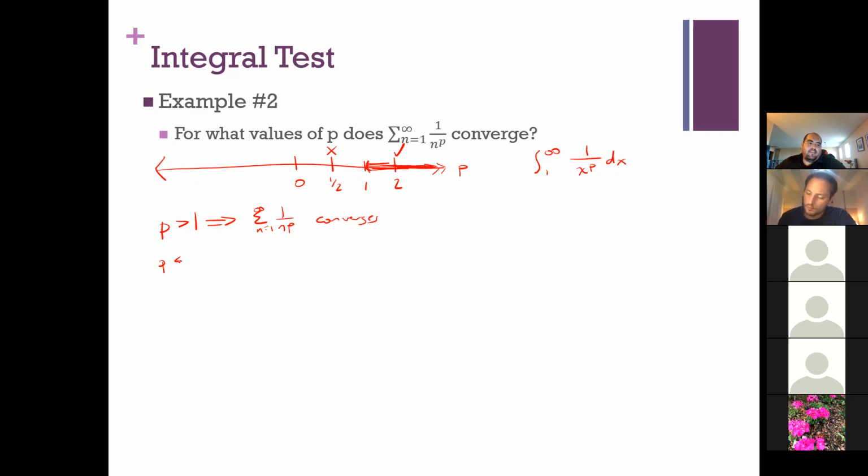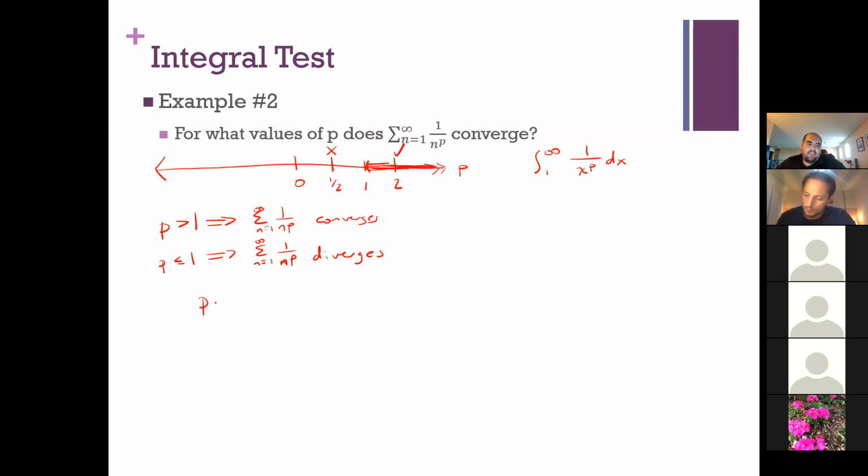And when p is less than or equal to 1, this diverges. And this is a very powerful tool that you can use, usually not by itself, for a lot of different types of series to analyze them.